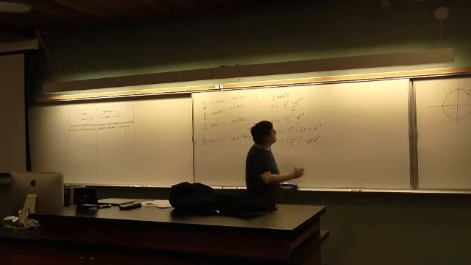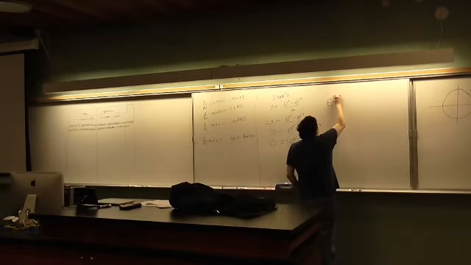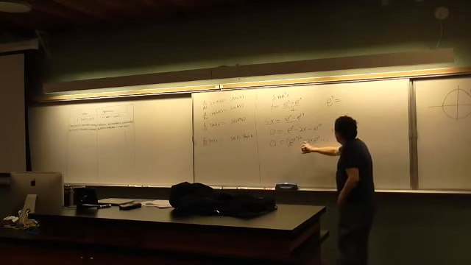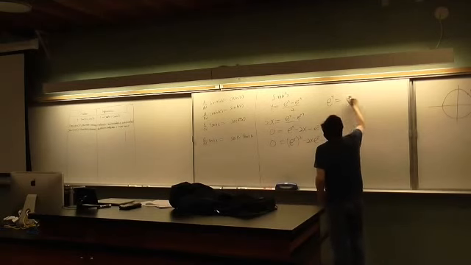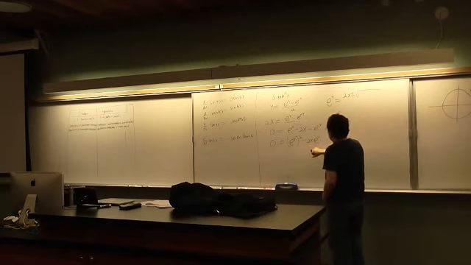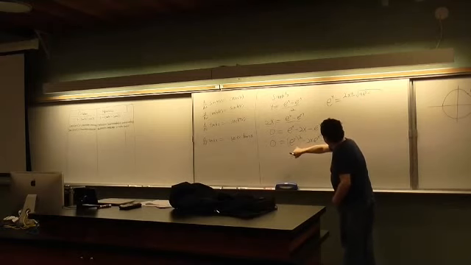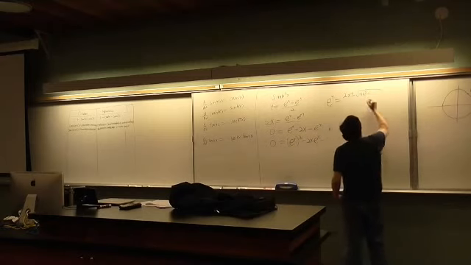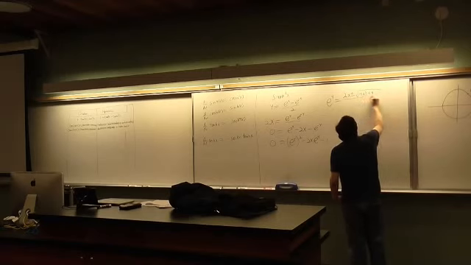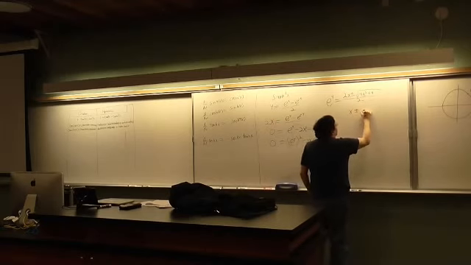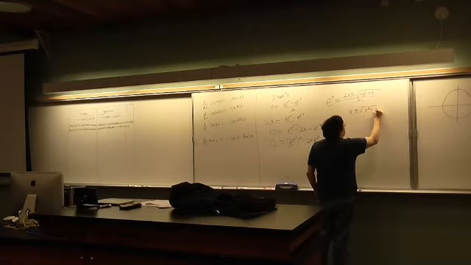That's okay. Using the quadratic formula, e to the y is going to be 2x plus or minus the square root of 4x squared plus 4, all over 2, or x plus or minus the square root of x squared plus 1.